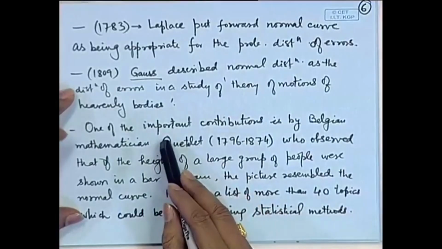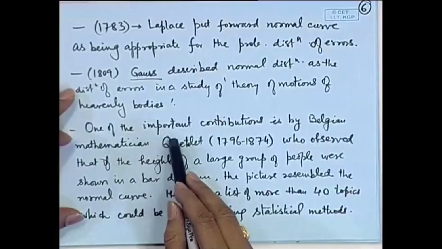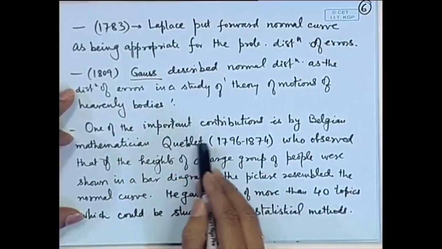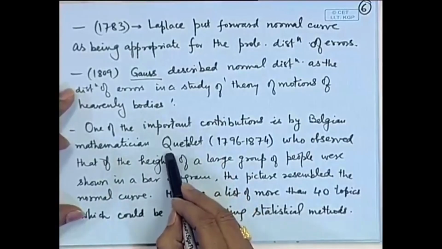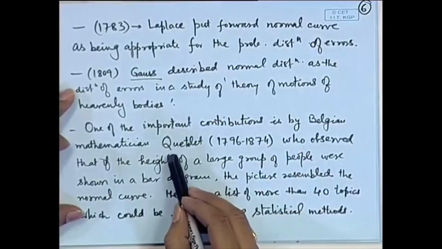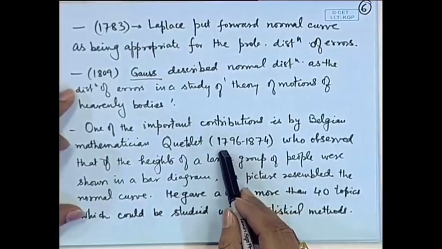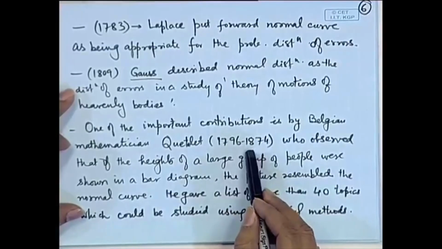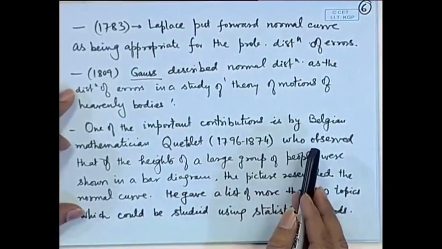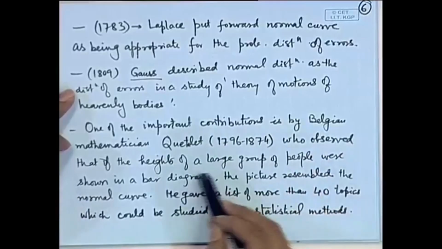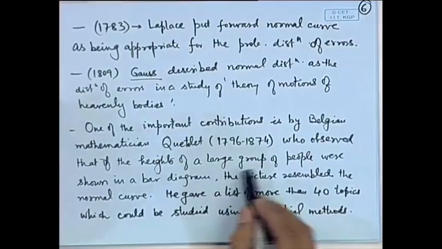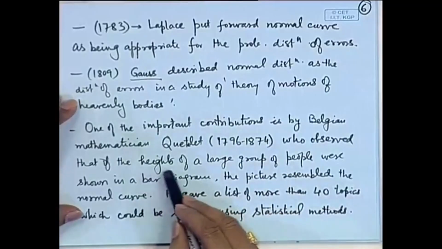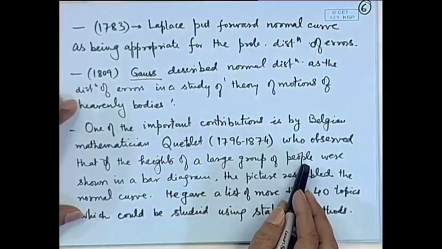However, the most appropriate usage of statistical methodology was probably done first by the Belgian mathematician Quetelet, who lived from 1796 to 1874. Apart from planetary motions, he studied the usual statistics such as heights of a large number of people.